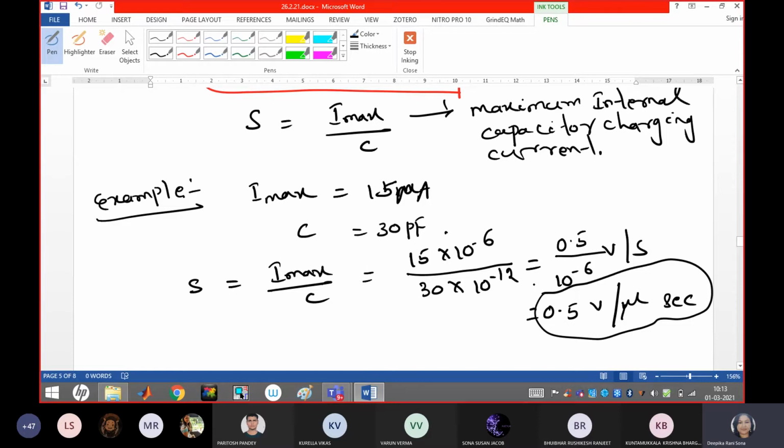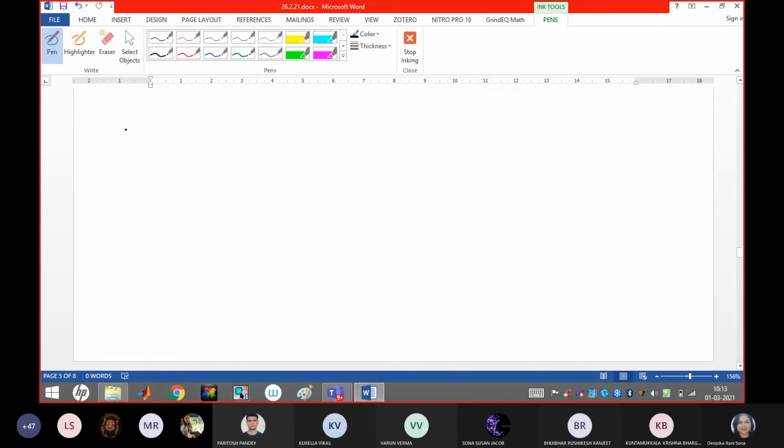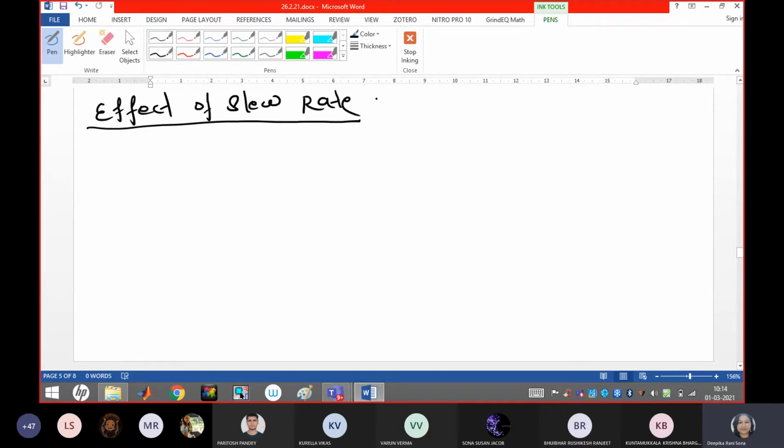So if we observe the effect of slew rate in a graphical manner, how will it be? What is slew rate? Once again I am repeating, it is the maximum change in the output voltage with respect to time. For a unity gain op-amp, the output will be similar to the input.